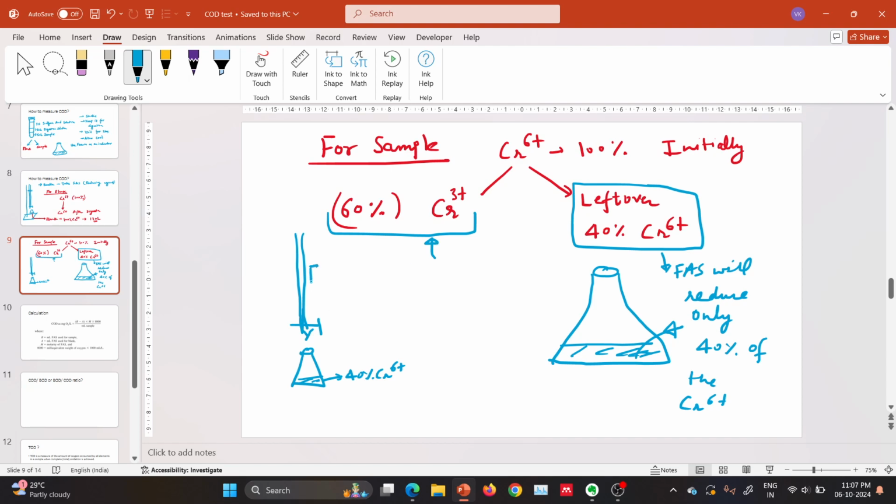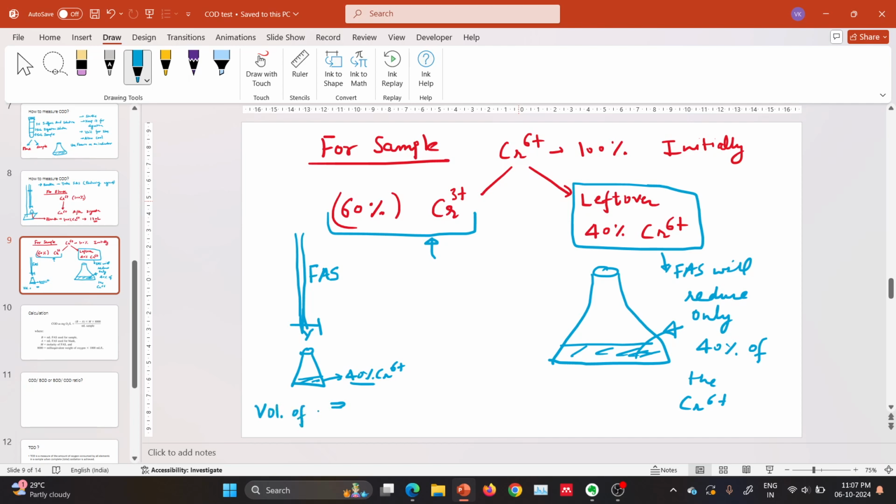The FAS in the burette will only titrate with the 40% Cr6 plus, and so less volume will be consumed.